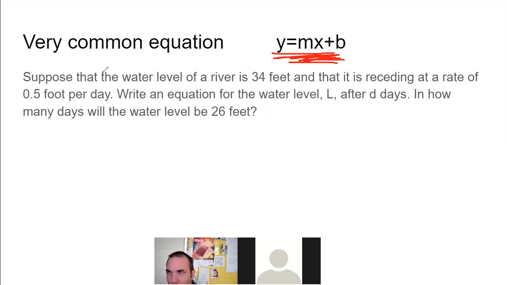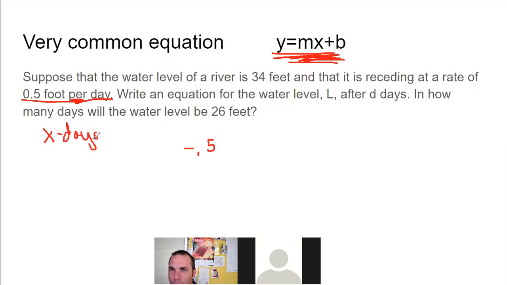Okay. All right. Suppose that the water level of a river is 34 feet, and that is receding at a rate of 0.5 feet per day. So this is my multiplication. This is times right here. So it's receding, negative 0.5 per day, and let's say x is days.